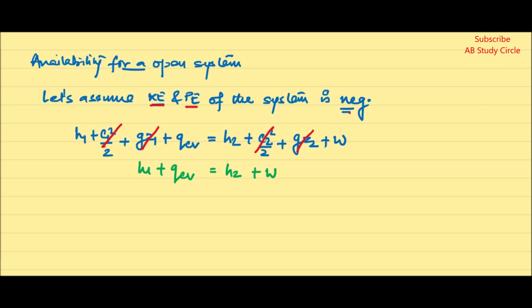This QCV is the heat that is entering the control volume. That means I can write it as dQ for the system, and the W when it is interacting with the surrounding, you can write as H1 minus H2 plus dQ system, right?